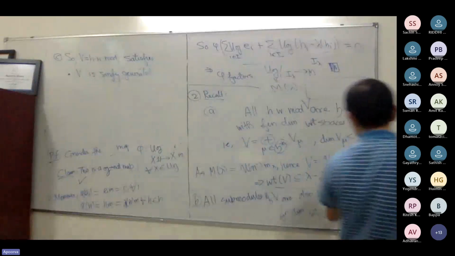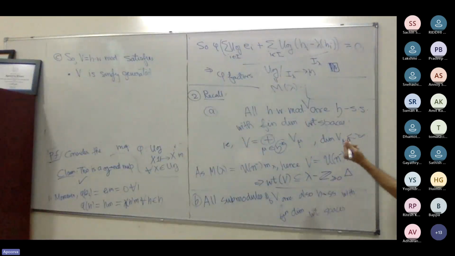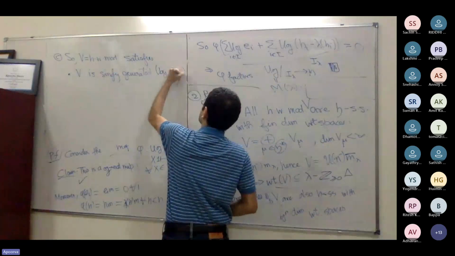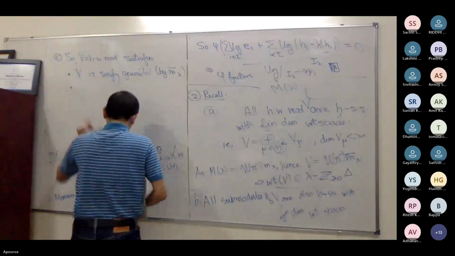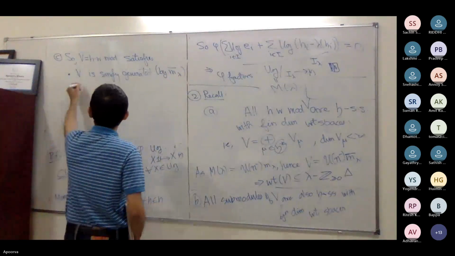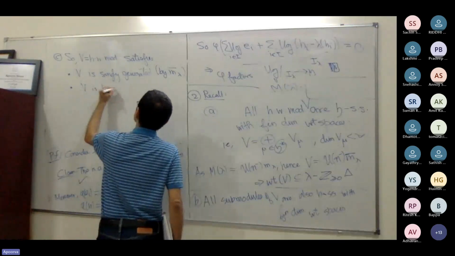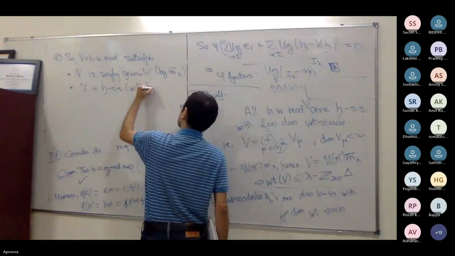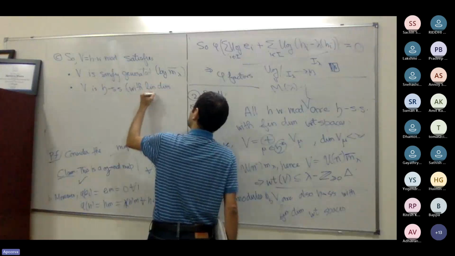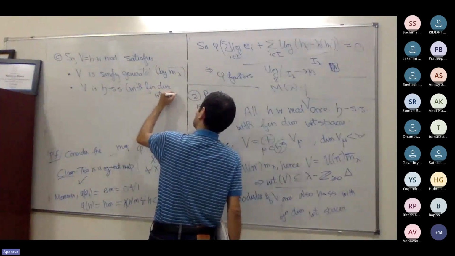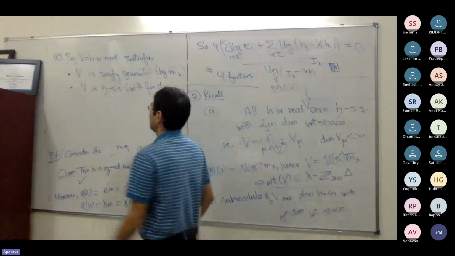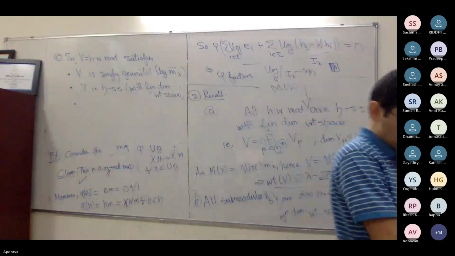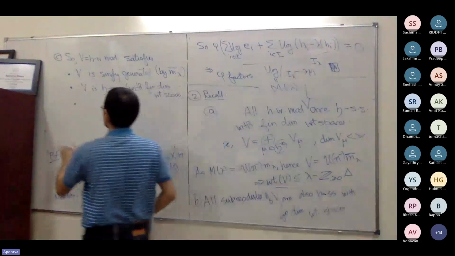V is exactly equal to UG times m bar lambda, or UN minus times m bar lambda. V is H semi-simple with finite dimensional weight spaces. And the third is the fact that we are going to prove, and this is a proposition.